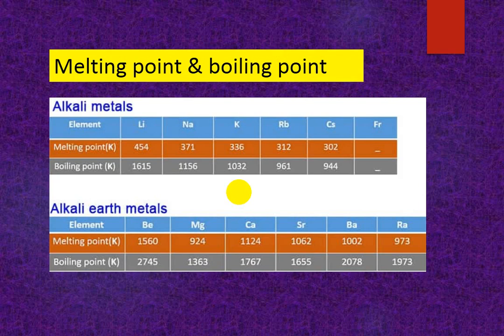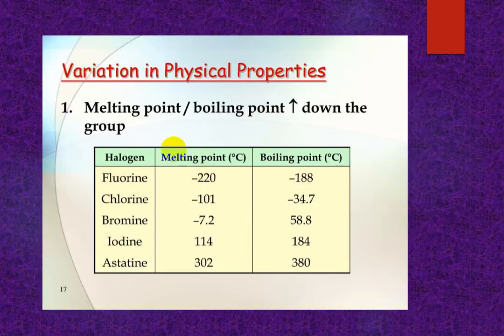But in group 17 elements it's reversed. Melting point increases from top to bottom, because there is no free electron. Fluorine, chlorine, bromine, iodine remain diatomic: Cl2, Br2, I2. There is no free electron, so no metallic bonding is possible.